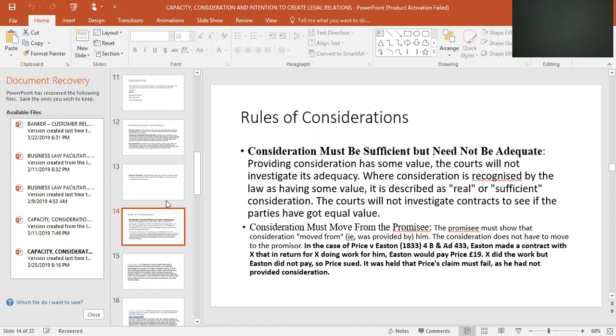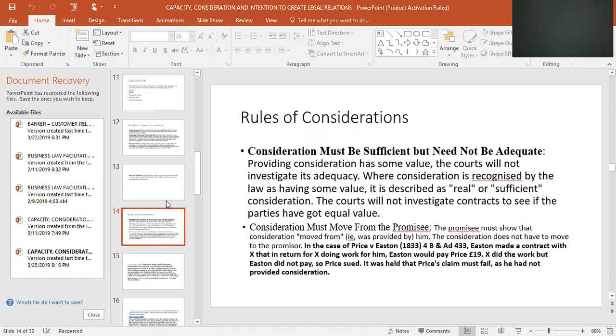Meaning that I'm trying to tell you that the consideration that Yvonne gave is not sufficient enough. It's not adequate enough. But the court will not look at a particular consideration's adequacy. All the courts will consider is, was it sufficient? If the answer is yes, then it is a good consideration. In this example, I specifically requested that Yvonne wash my car for me. So if Yvonne washes my car for me, it is a sufficient consideration.